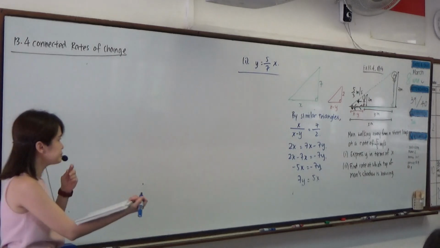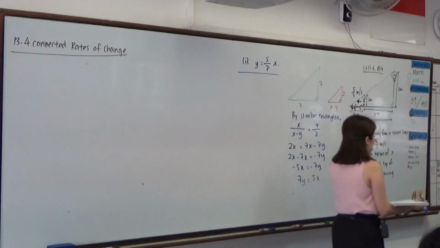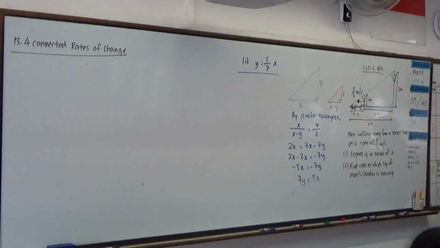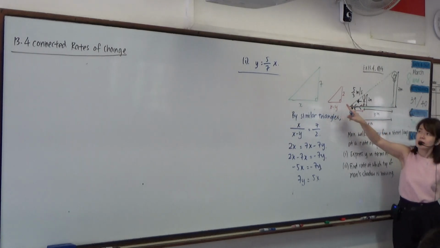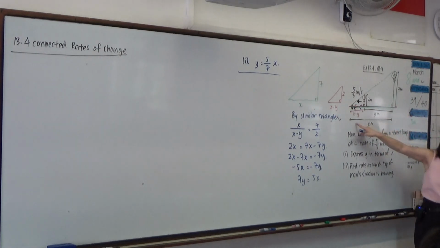Next, we look at part 2. Part 2 wants us to find the rate at which the top of the man's shadow is moving. From here, what is the rate that it is moving? This distance to the lamp is x.